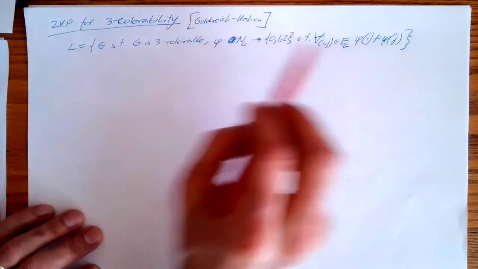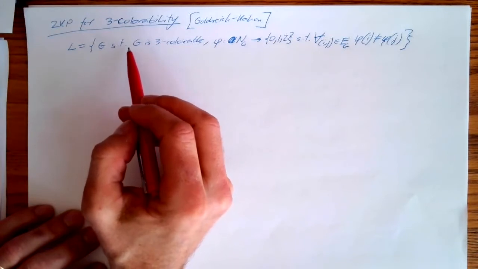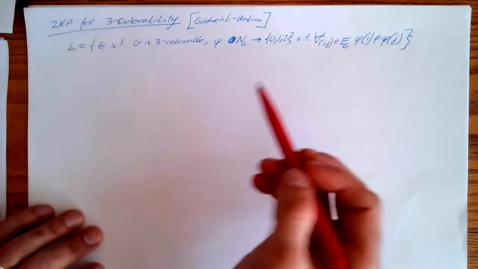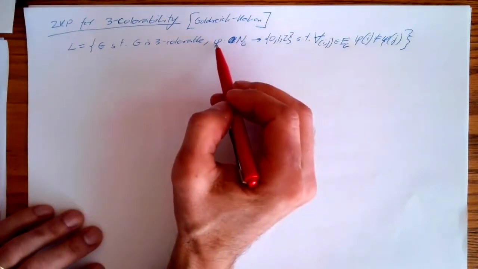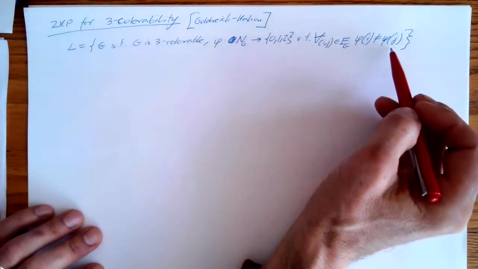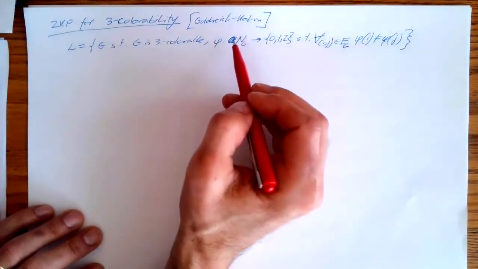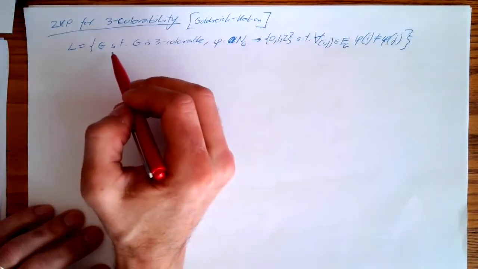And it is NP complete. First of all, it is in NP because if you guessed the coloring, you can verify it easily. It is NP complete.